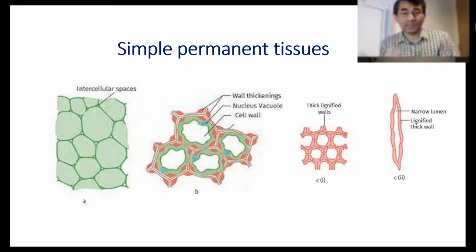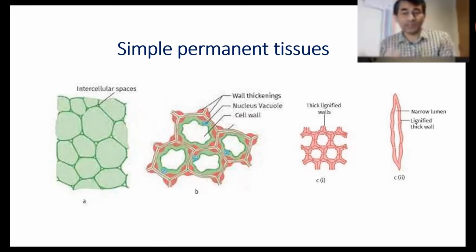This tissue has got thick walls. And why are they thick? Because they have lignin in their walls. So these walls are lignified thick walls, but their cell lumen is narrow.